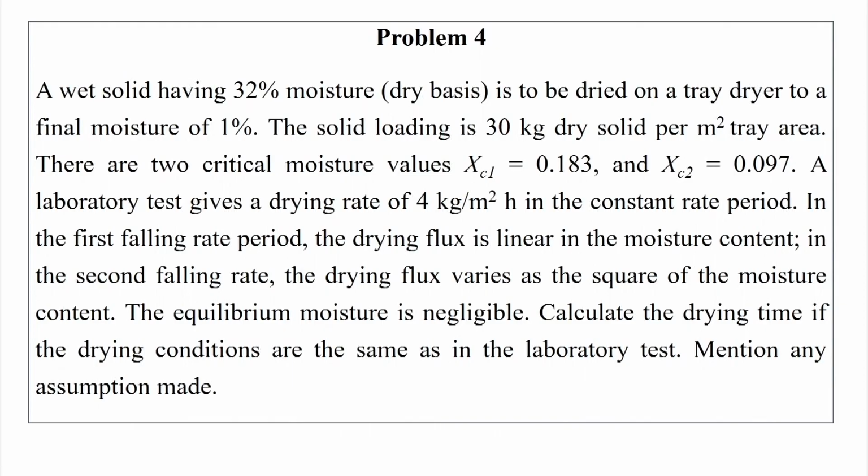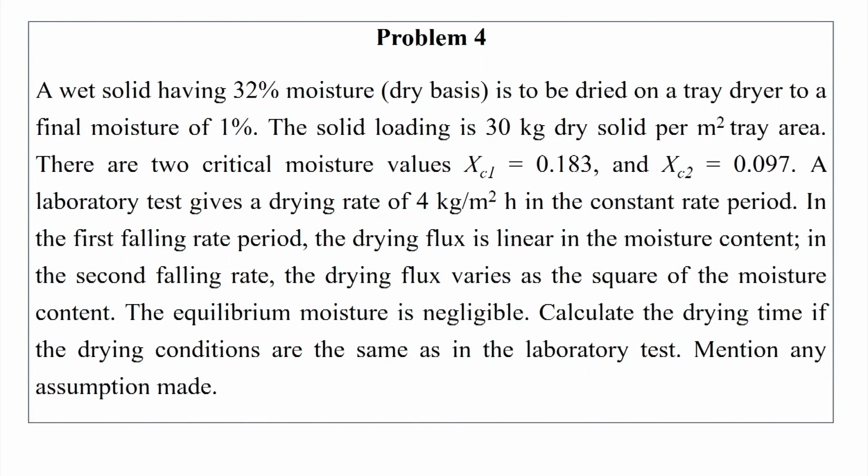There are two critical moisture values, Xc1 equal to 0.183 and Xc2 equal to 0.097. A laboratory test gives a drying rate of 4 kg per meter square hour. In the first falling rate period, the drying rate is linear in the moisture content. In the second falling rate period, the drying flux varies as the square of the moisture. The equilibrium moisture is negligible, meaning X star is equal to 0.